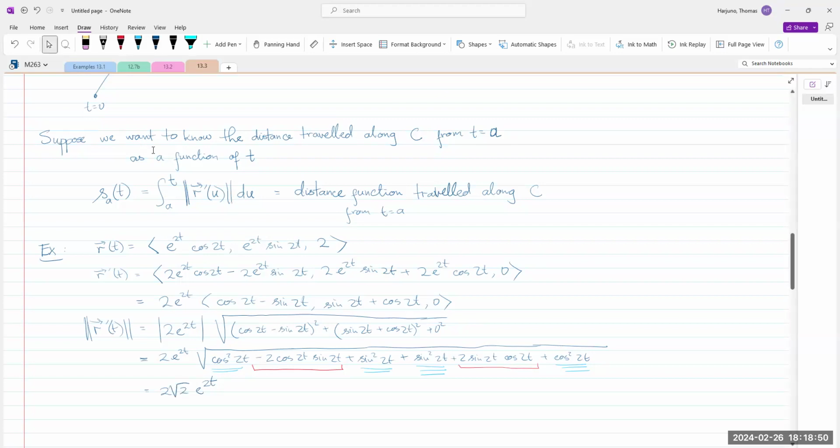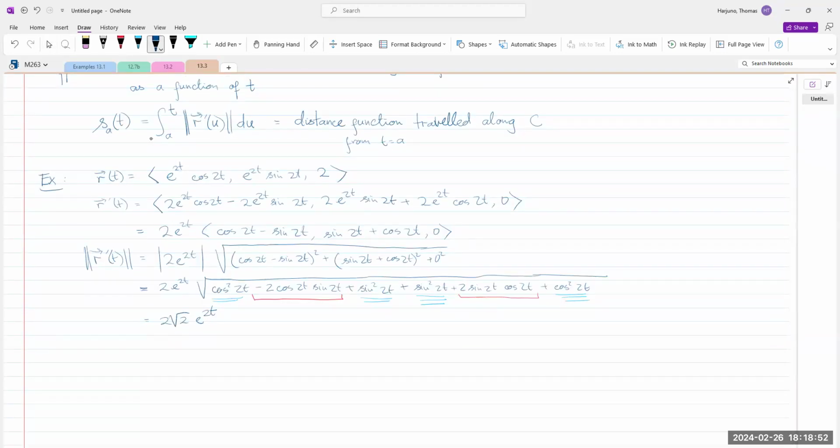Now suppose the question is, how far have you traveled from time 0 to time t? What is the length? If you travel for t units of time, how far have you traveled? Well, then it will be the integral from 0 to t of 2 square root of 2 e to the 2u du. Notice that I need to use a different variable for my integration than the variable for my distance function.